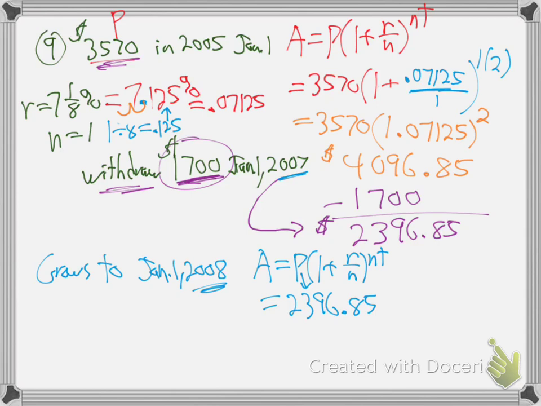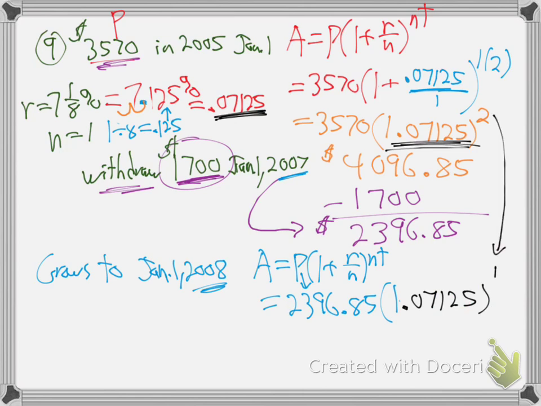Good. All right. So 1 plus the interest rate, same interest rate. Just use that same number, 0.07125. In fact, you don't even need the N's and everything, so just skip it. It's going to be exactly what it was here, 1.07125, but it's to the first power instead of second, because it's only 1 year, not 2.